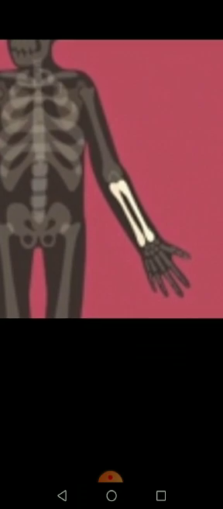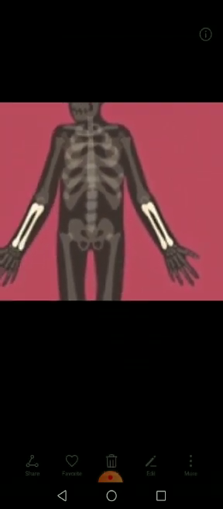In this arm we have two parts, that is ulna and radius. And if we look at this arm, similarly we have ulna and radius. The function of the arm is to lift or carry anything, any luggage.